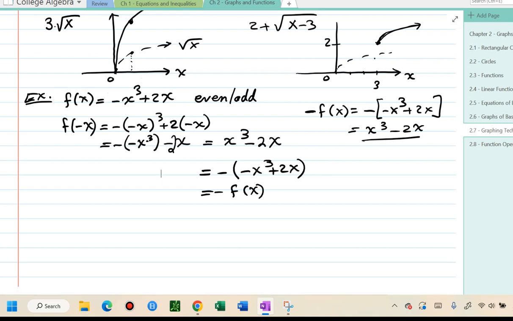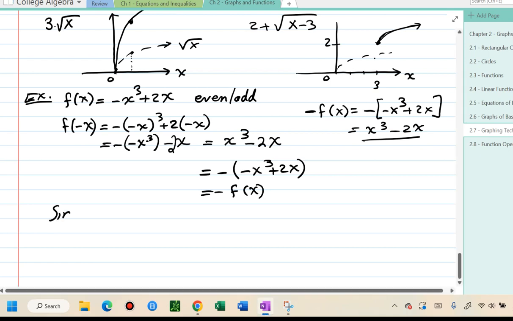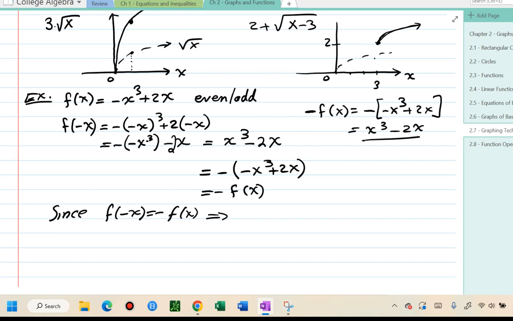So this function is going to be odd. We're going to say since f of negative x equals negative f of x, therefore, that implies that the function is odd.